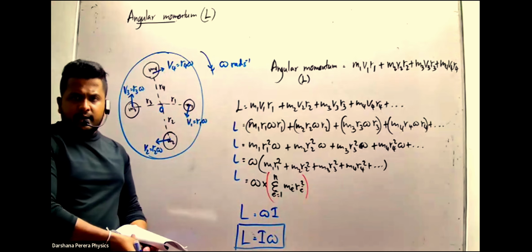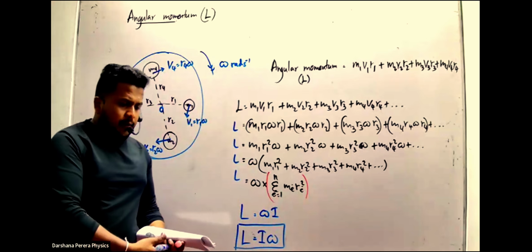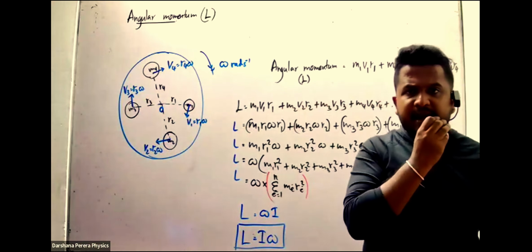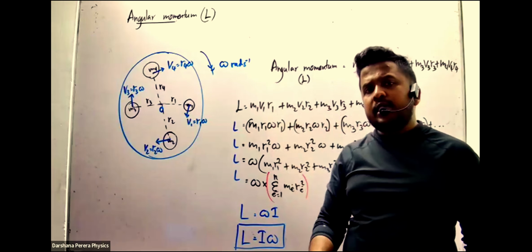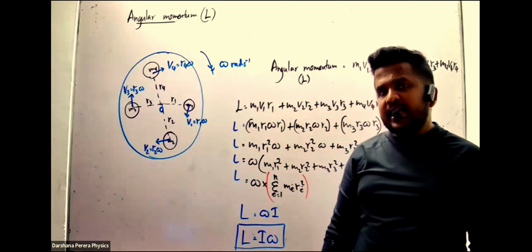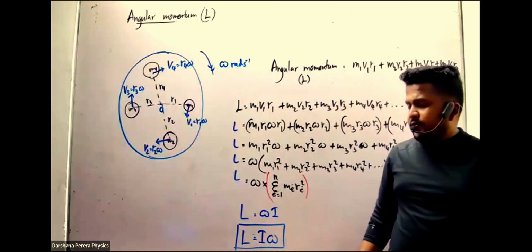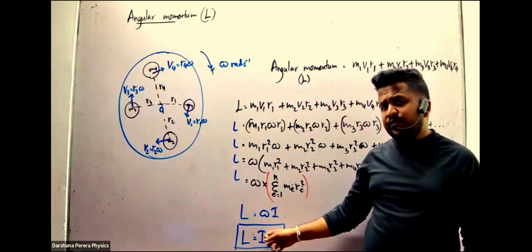It is a bit similar to linear motion. What is the linear momentum? Linear momentum equals mass into velocity. In linear motion, mass is the inertia of the motion. In rotational motion, I is the moment of inertia.